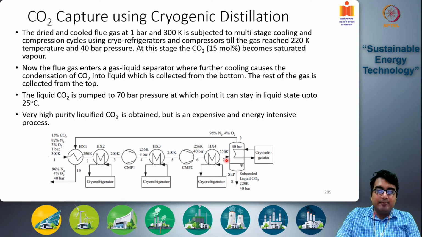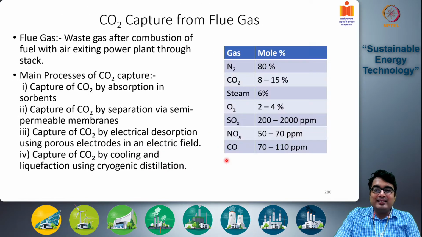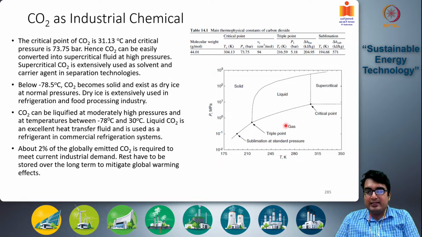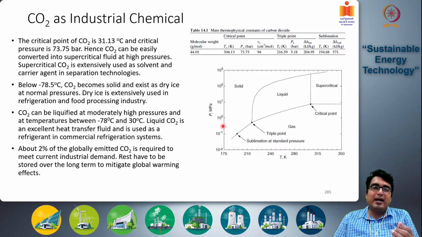Now why is this important? If you see the thermodynamic diagram we discussed, 40 bars is basically 4 megapascals. So this is 1 megapascal, this is 10 megapascals, so 4 megapascals is somewhere around here. And 220 Kelvin is somewhere around here. So now we are in a zone where the CO2 can be liquefied.